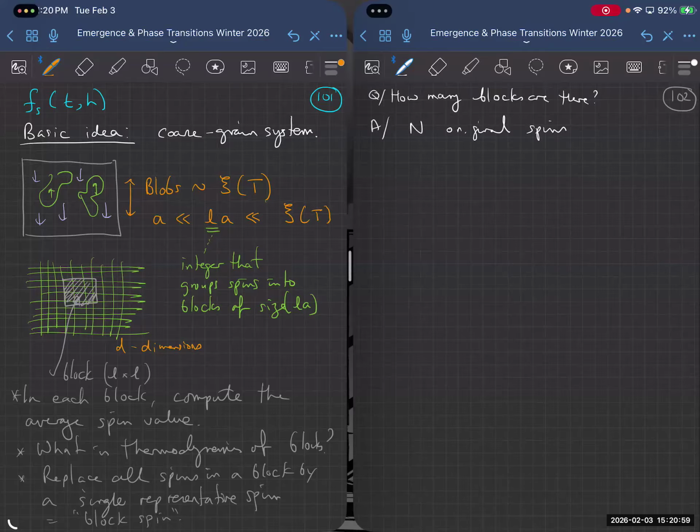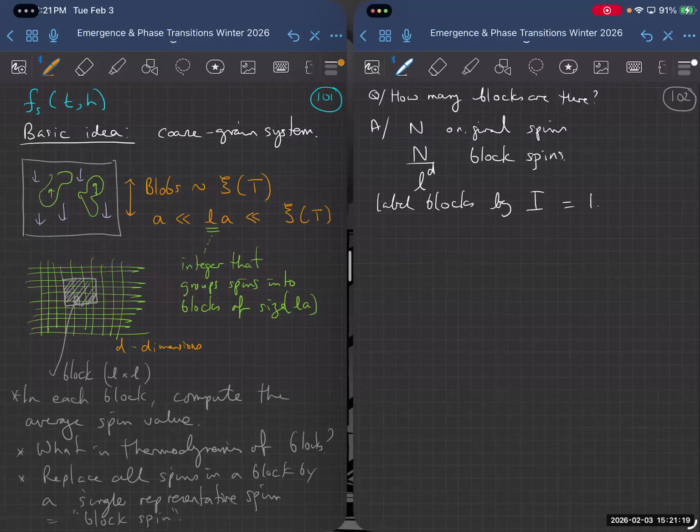I've got n original spins, and therefore I've got n over L to the d block spins. So I'm going to label the blocks by capital I. Capital I is 1, 2, up to n L to the power minus d. The microscopic spins are s_i, and i goes from 1 up to n.